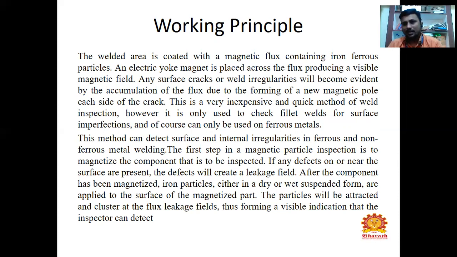So when the leakage forms, we can identify that there are near-surface defects. After the component has been magnetized, iron particles, either dry or in wet suspended form, are applied to the surface of the magnetized part. The particles will be attracted and cluster at the flux leakage field, thus forming a visible indication that the inspector can detect.